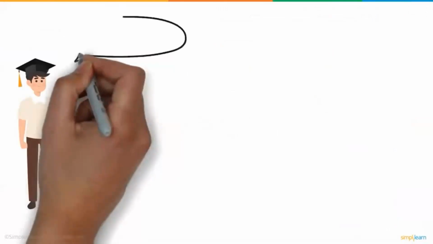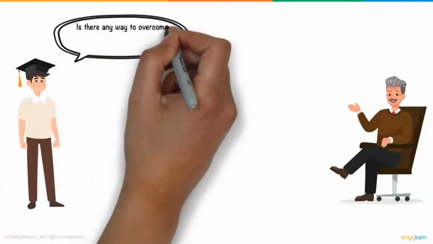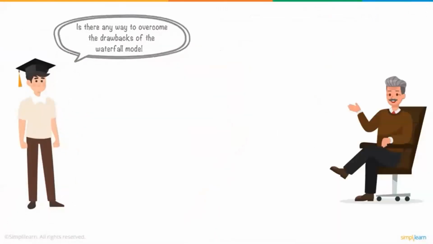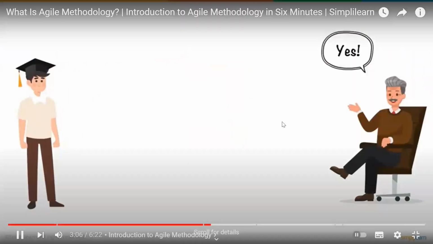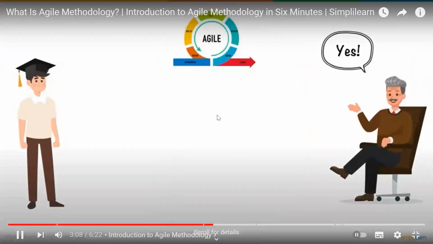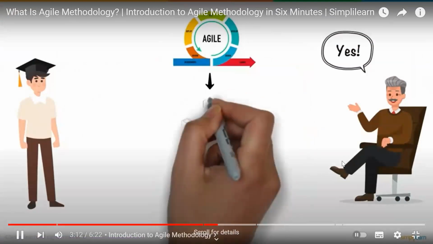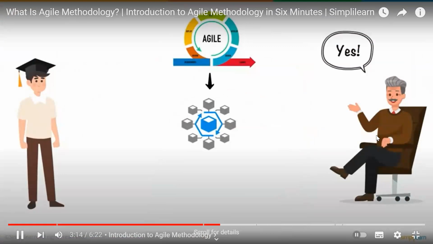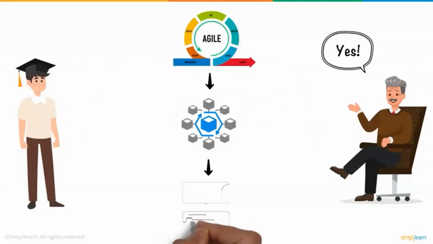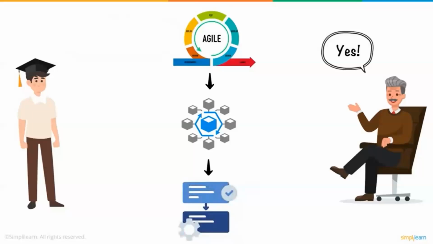Alex was curious and asked Uncle John, is there any way to overcome the drawbacks of the waterfall model? John replies, yes. Agile methodology was introduced to overcome the problems faced in the waterfall model, where Agile-based products are developed by breaking the entire product process into microservices or phases, which is faster to execute and deploy changes on the go.